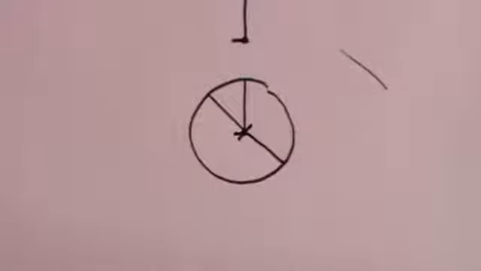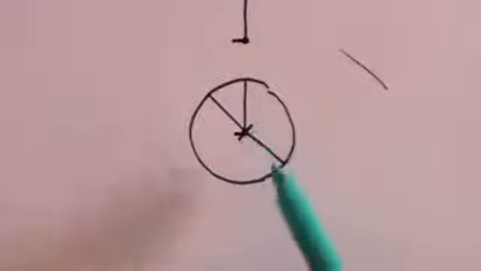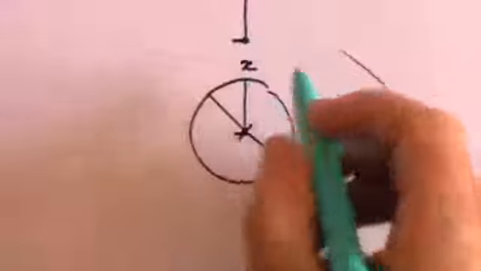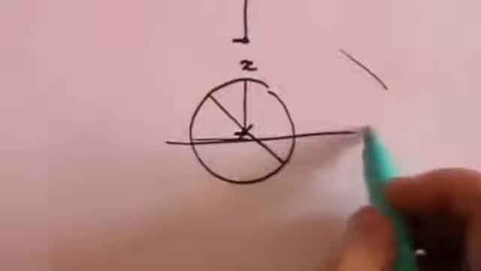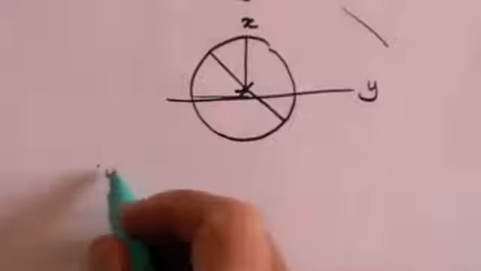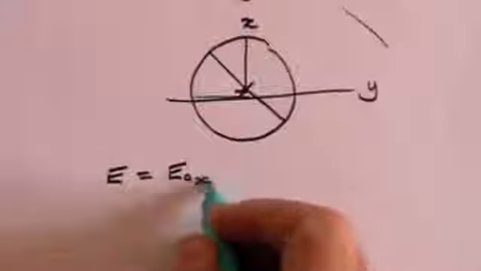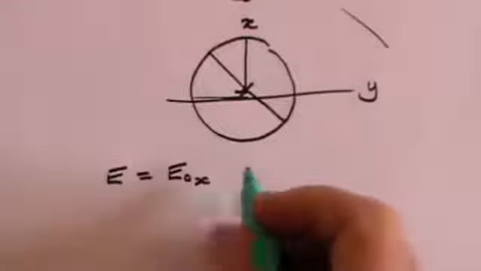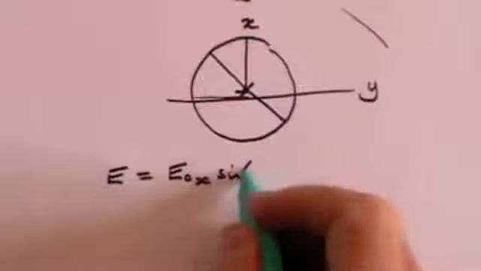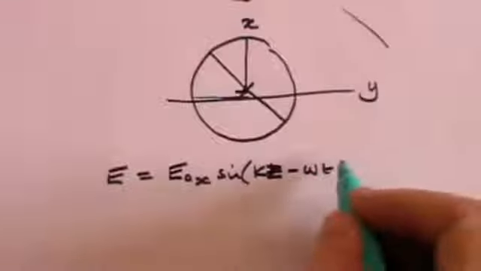So now thinking just about the E fields, forget about the B fields for a moment, we've got a whole load of E fields oscillating in all directions, and we can resolve all those, as we always can, along the X axis, which is the vertical axis, and the Y axis, which is the horizontal axis, and that says that the total E field of the unpolarized light will be equal to the component in the X direction, which is E naught X, times the sine of kz minus omega t.